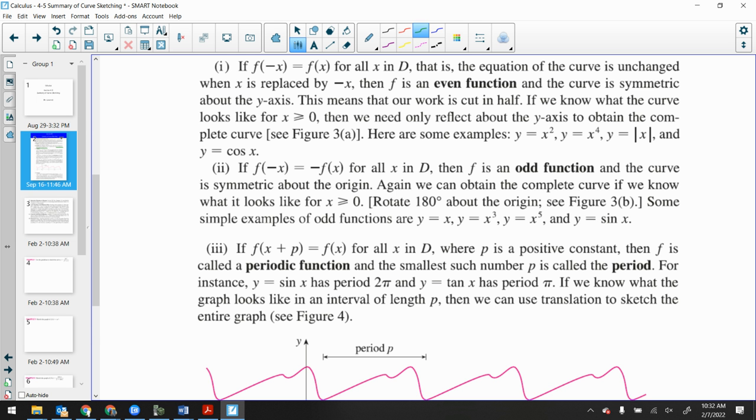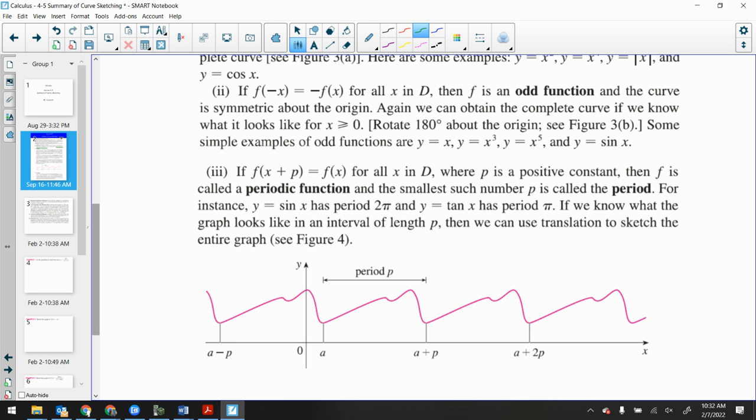The last one here is when it's periodic. When it has cycles. Okay. If f of x plus p is equal to f of x, basically if I can take a number, a constant, p, they call it in this case, stand for period. If you can take a number p and have it add to x, and it doesn't change the function, right?